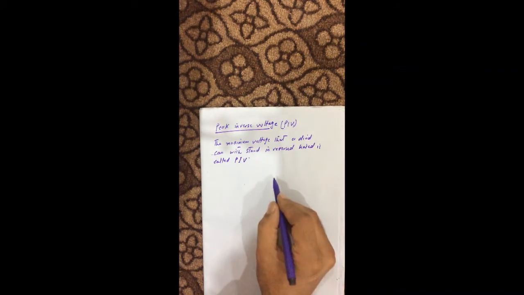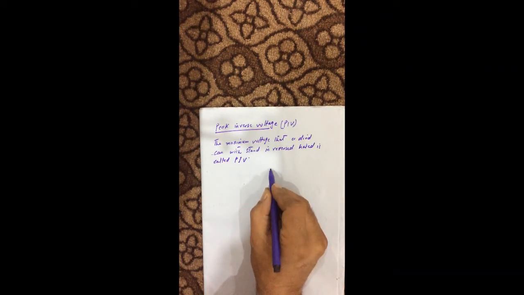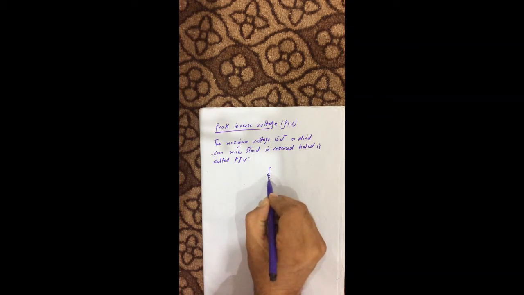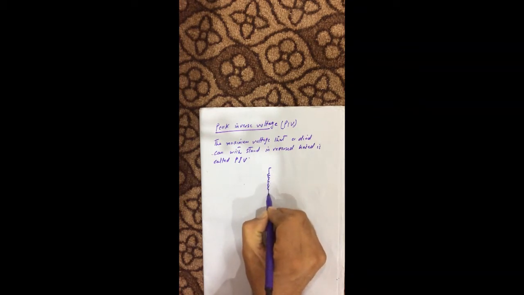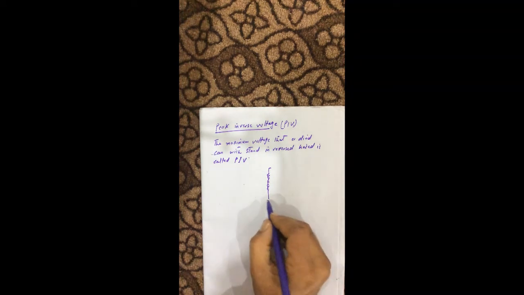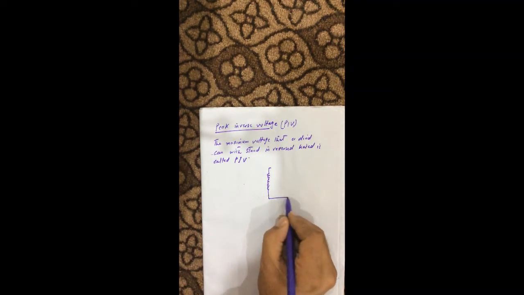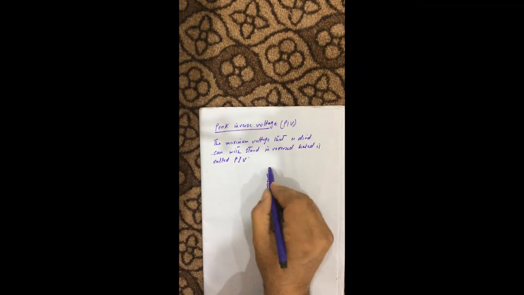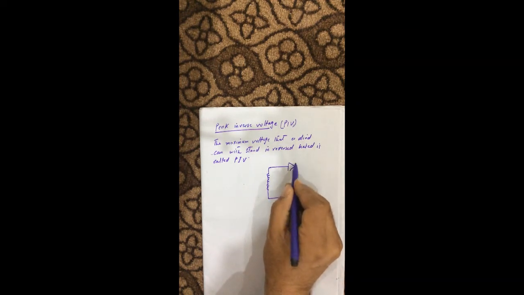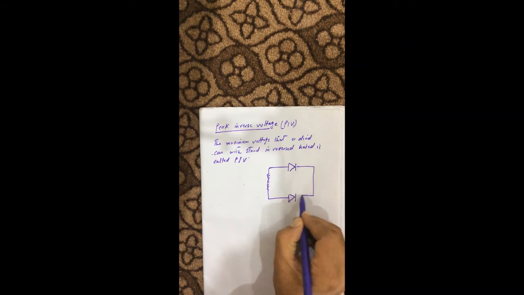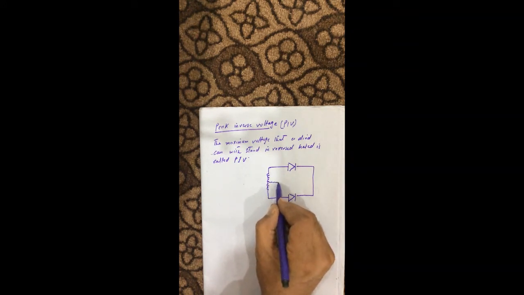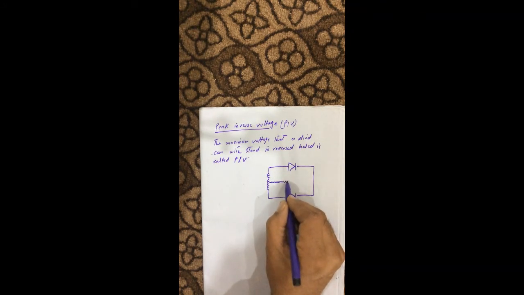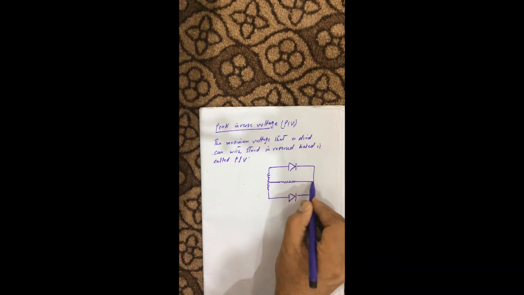Now I will draw the full wave rectifier diagram again. Here this is the primary coil of the transformer, and we have one diode, and here we have the second diode, and these two diodes are connected, and this is the central tap. So we have a third terminal which is connected to the load resistance RL.